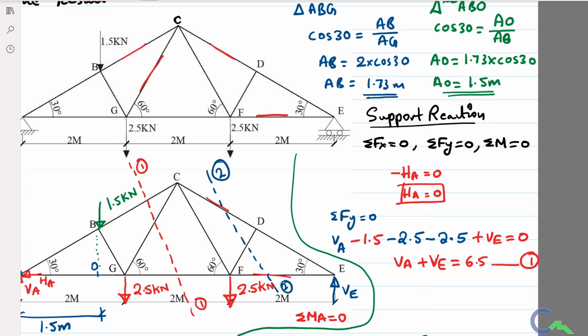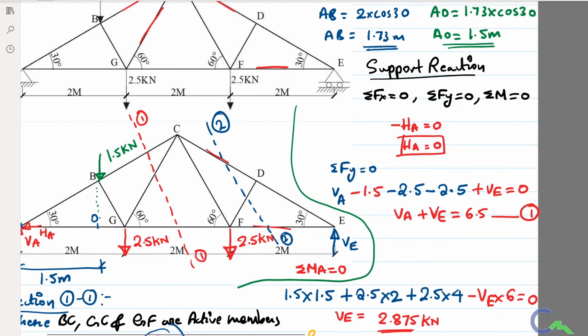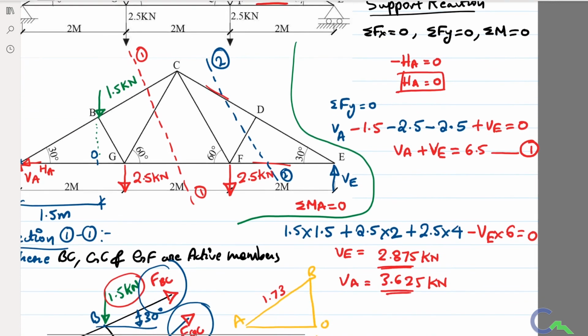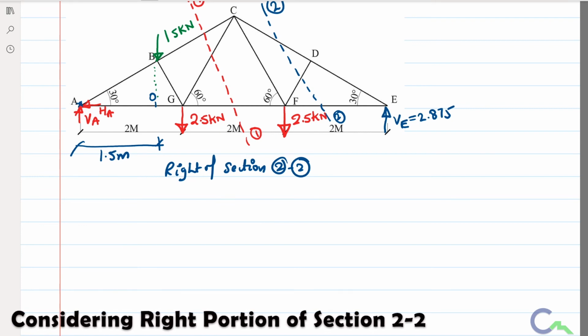It is complete, it is started from one side of the truss to the other side, and it is not passing through any joint. If I see the section 2-2, the right side is easy for the analysis, so I am going to draw the free body diagram on the right side of this section. So I am going to consider the right side of this section 2-2.